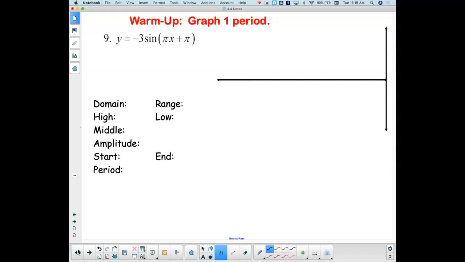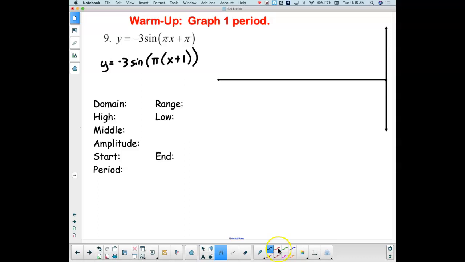All right. So, before we even start this one, we should go y equals -3 sine of pi times x plus 1. Correct? Okay. So, domain.